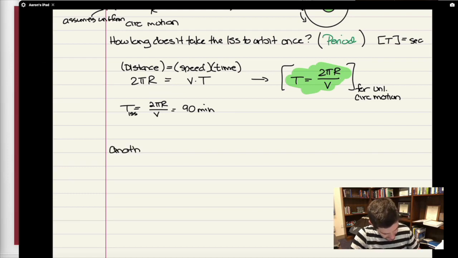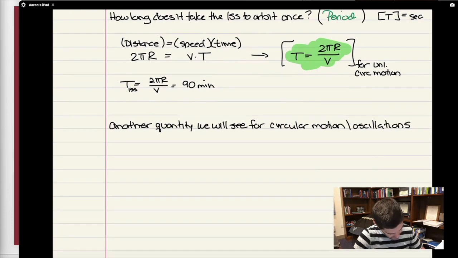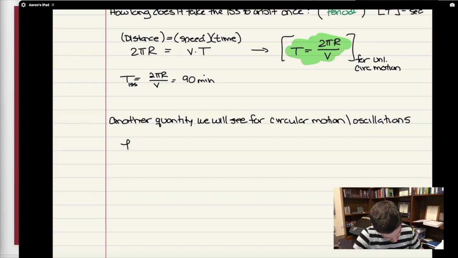Another quantity we'll see is called the frequency. We'll see this more for oscillations, which are related to circular motion. So we define the frequency.